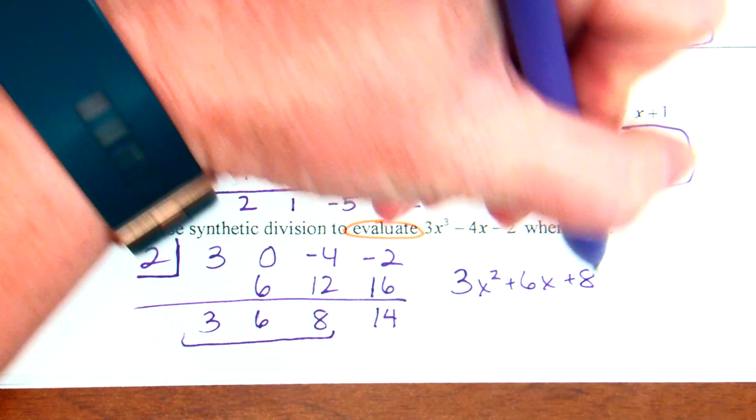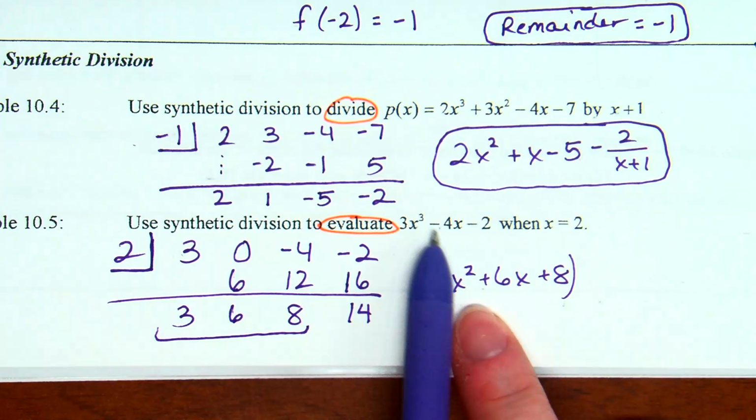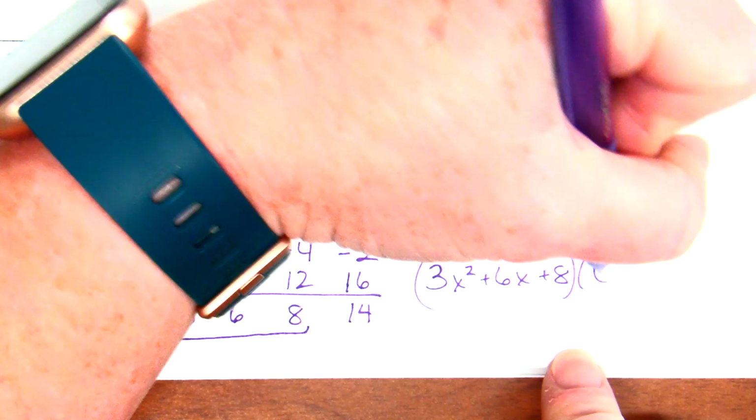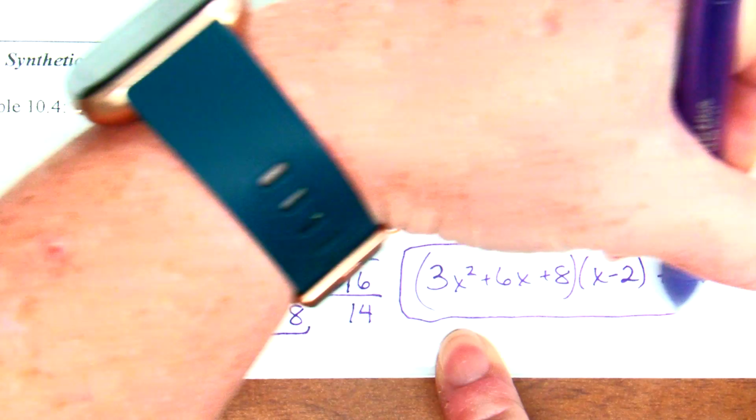What is x equals 2 as a 0? As the factor, x minus 2, right? So we really took this and we divided by the factor, x minus 2. And then what remainder did we have? A positive 14.